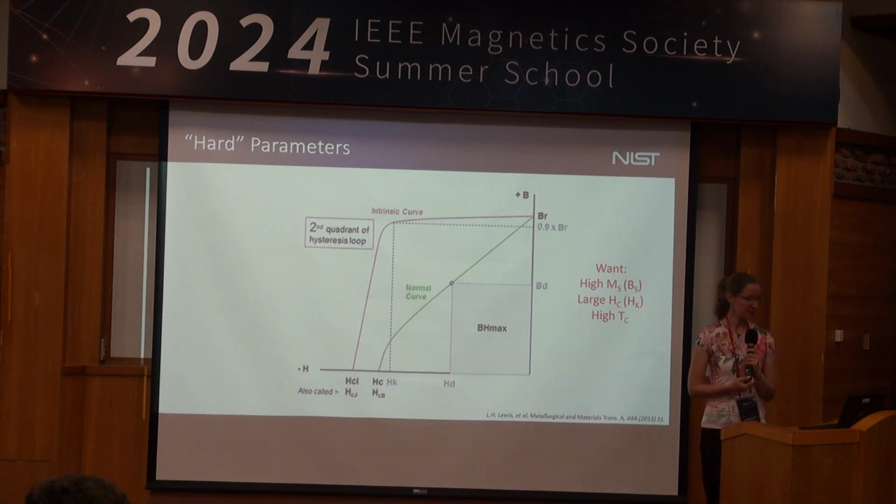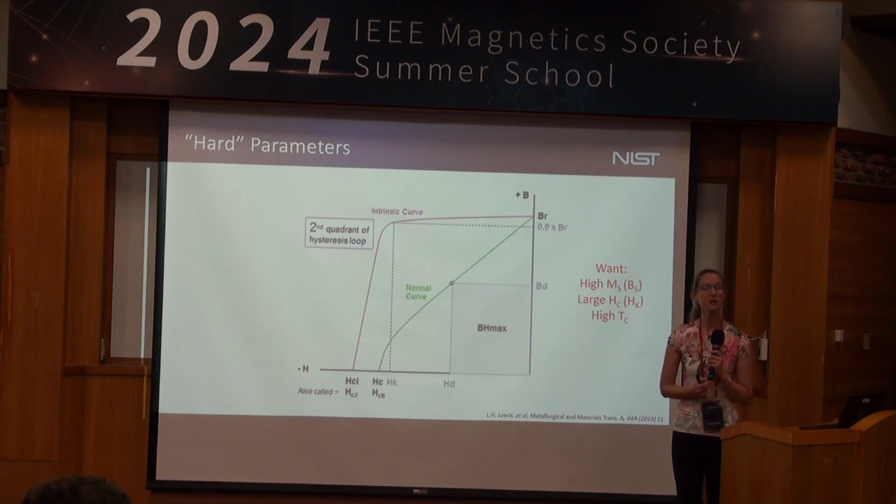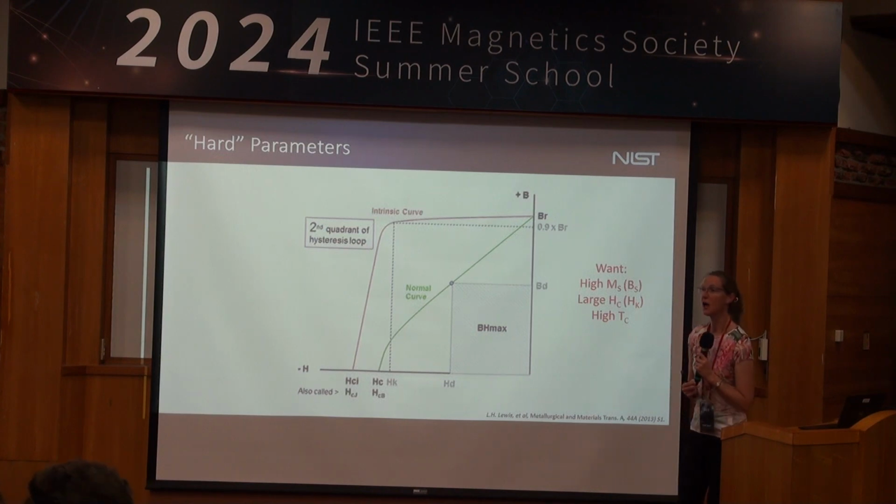If you're trying to make these kinds of materials, one of the main things that you can control is the magnetic anisotropy. And in doing this, you want to reduce the symmetry, because the lower the symmetry in general, the higher your magnetic anisotropy is going to be.